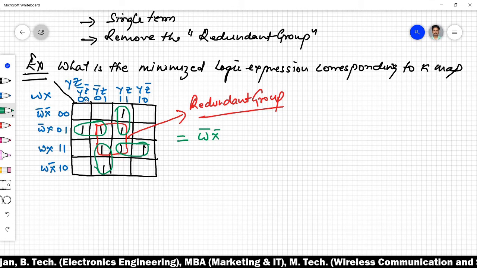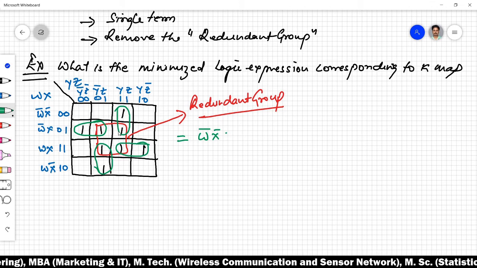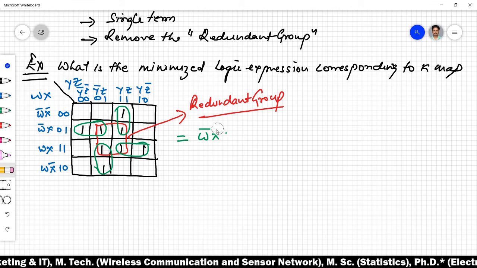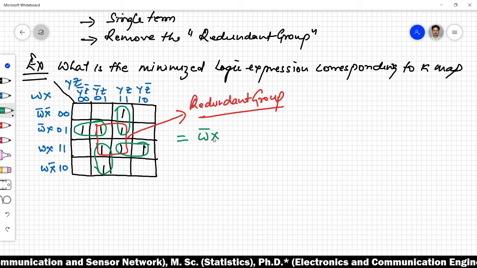So this row is W bar X, and column-wise Y bar.